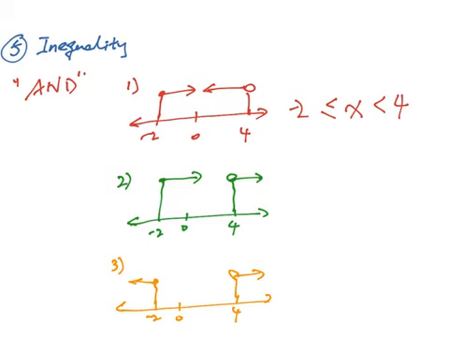Next, when they go in the same direction, we'll select the repeated part, that means the smaller area. That means here, on the right hand side, so x is greater than 4. Lastly, if they go away from each other, for the AND case, there is no real solution.